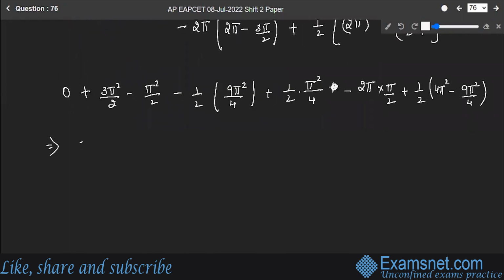So let's write it. This will be 3 pi square by 2 minus pi square by 2, which will give you pi square only. And this one will be 9 pi square upon 8 plus pi square upon 8, minus pi square, plus 1 by 2, 4 pi square minus 9 pi square by 4.